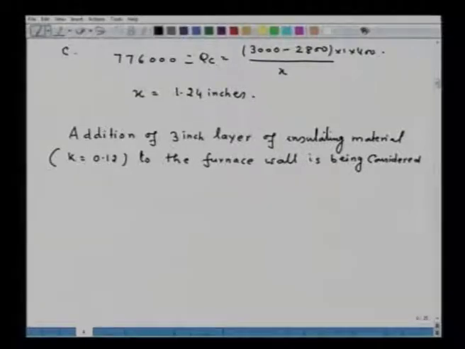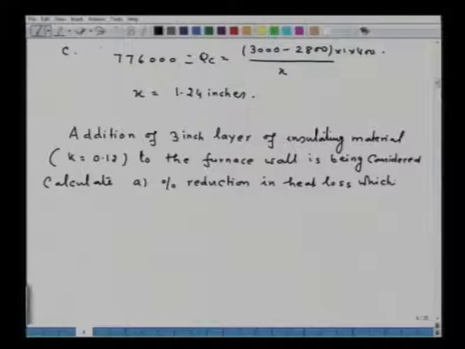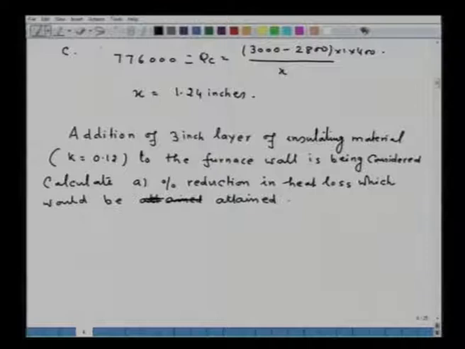Why? Because we want to see whether we can minimize the heat losses or not. Now, here calculate A, the percent reduction in heat loss which would be attained by adding the insulation.